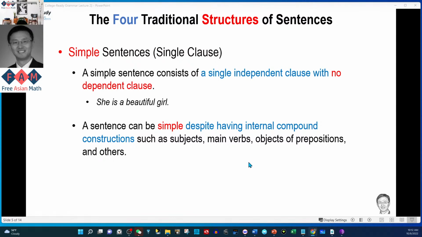Okay, let's take a look at a simple example to understand what I mean by that. Aaron and Albert like video games and basketball. Okay, what type of sentence is this? This is, of course, still a simple sentence. Despite the fact that we have two persons here, Aaron and Albert, both being part of the subject, this is a compound structure.